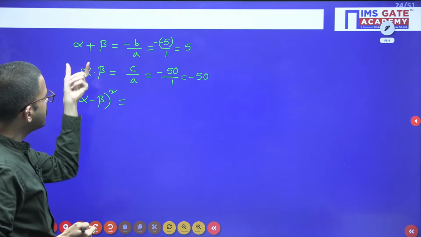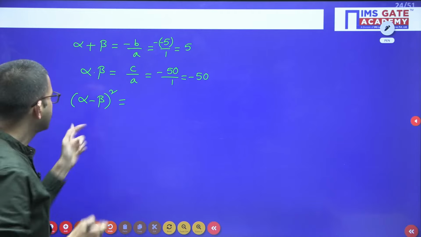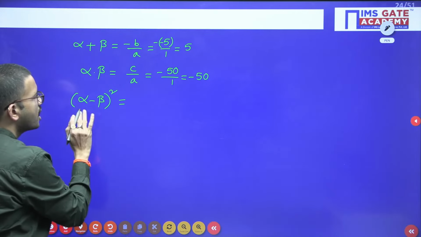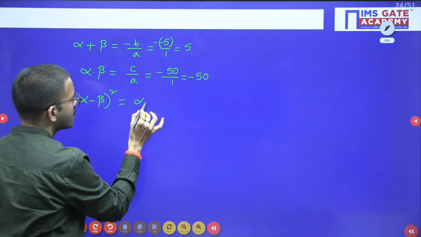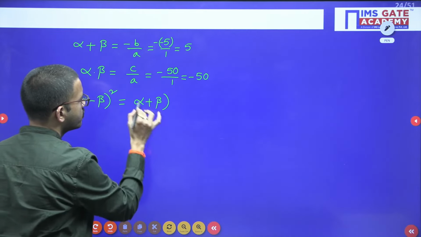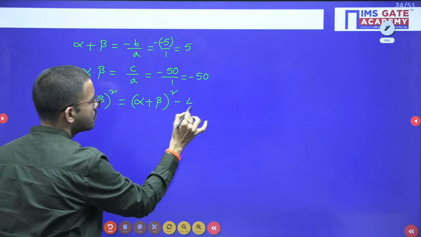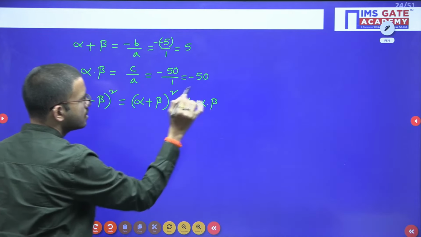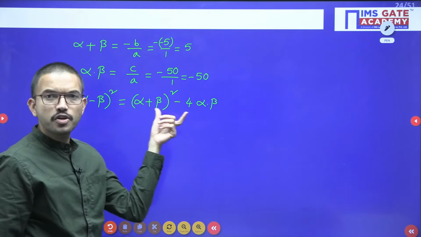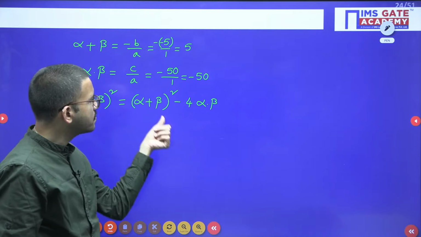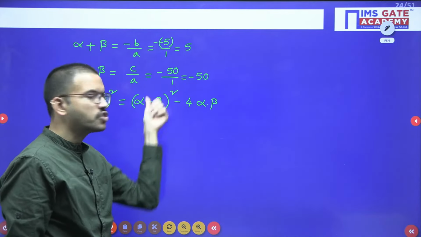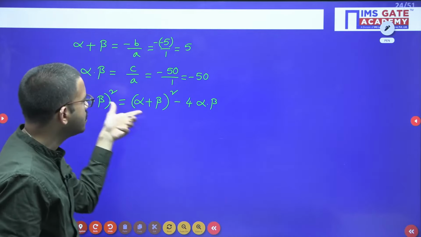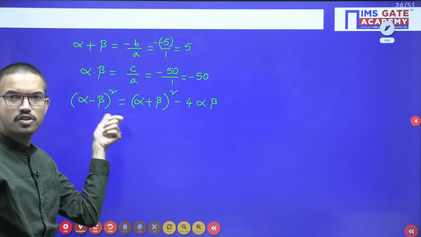Once you know alpha plus beta and alpha beta, we can calculate the alpha minus beta value using this formula: alpha minus beta whole square equals alpha plus beta whole square minus 4 times alpha beta. See, alpha plus beta whole square is alpha square plus beta square plus 2 alpha beta, minus 4 alpha beta, that gives minus 2 alpha beta. Together you get alpha minus beta whole square.